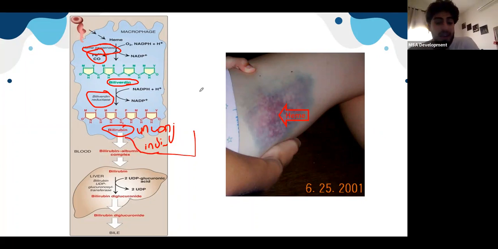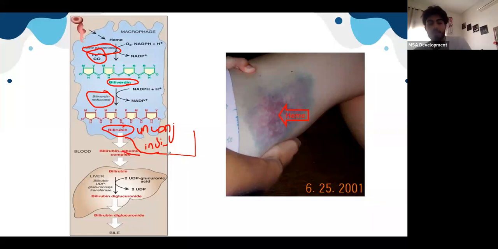After that, this unconjugated bilirubin is toxic in our body. Because it's toxic, it has to bind to something that would make it less toxic and able to be transported away from the macrophage. So here it binds to albumin.